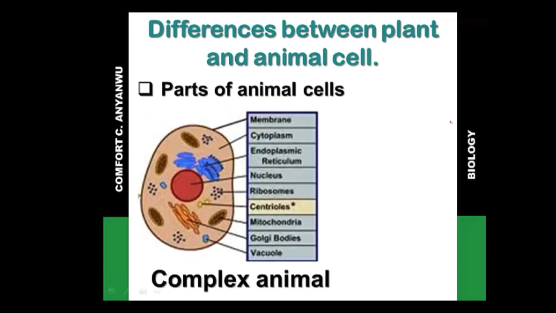Now, this is a complex animal cell in that it shows all the organelles you can see, starting from the cell membrane, the cytoplasm, endoplasmic reticulum, the nucleus, ribosomes, centrioles, mitochondria, Golgi bodies, and vacuole.